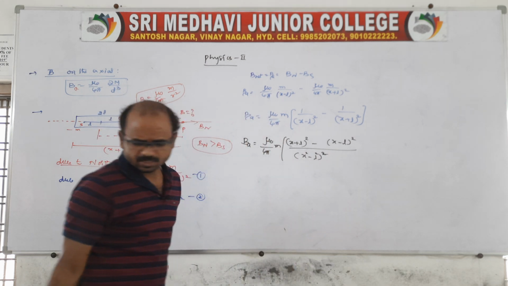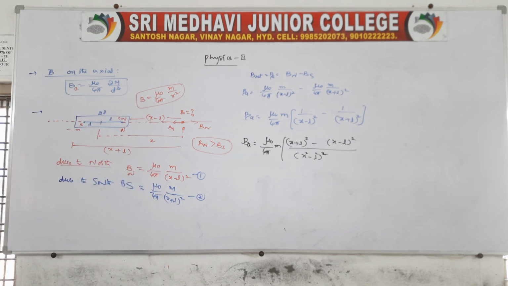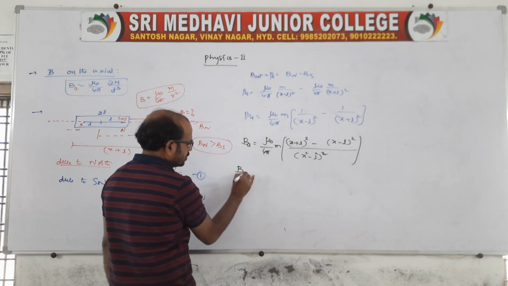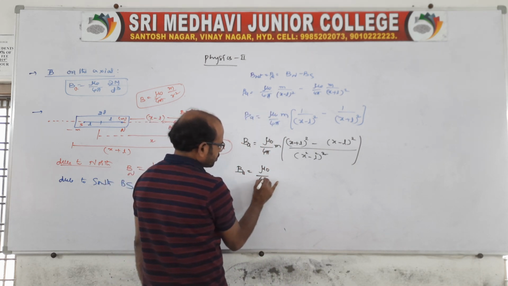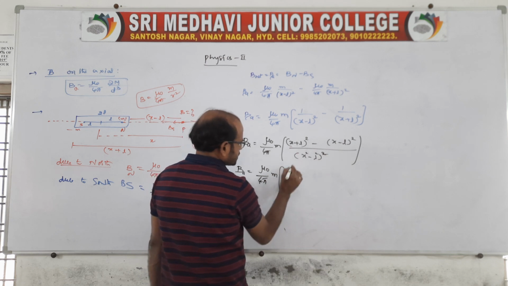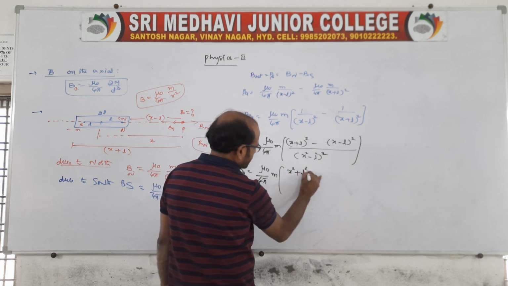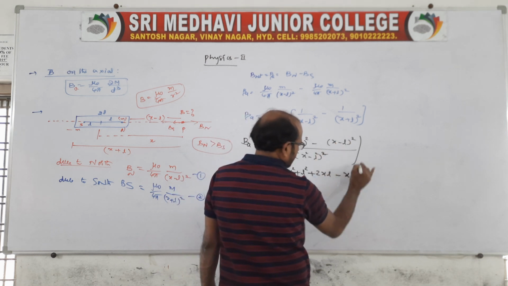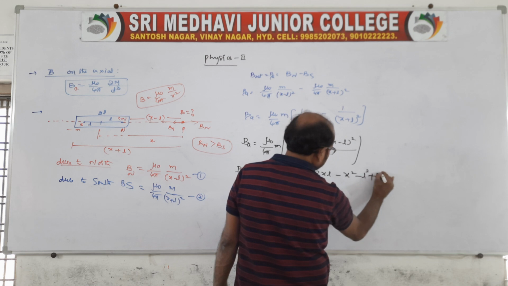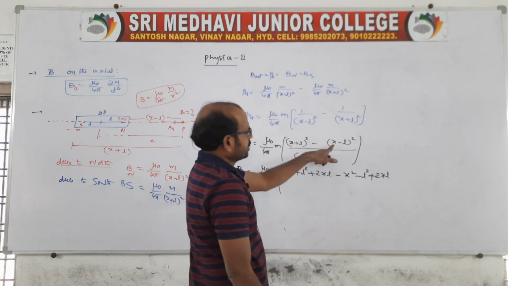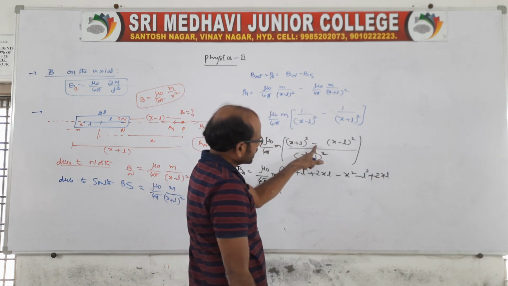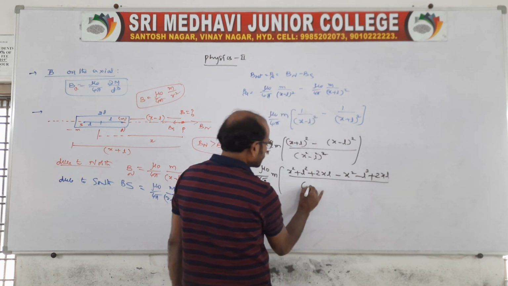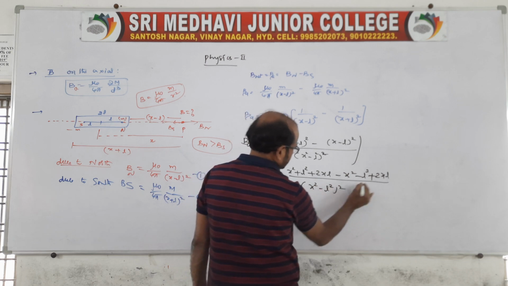We get the final relation like this. Now again, B axial is mu naught by 4 pi m into a plus b whole square minus a minus b whole square, that is x square plus L square plus 2xL minus x square minus L square plus 2xL, by x square minus L square whole square.